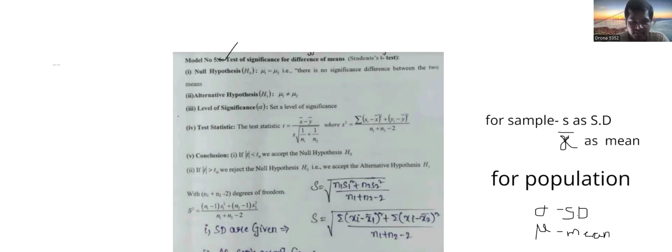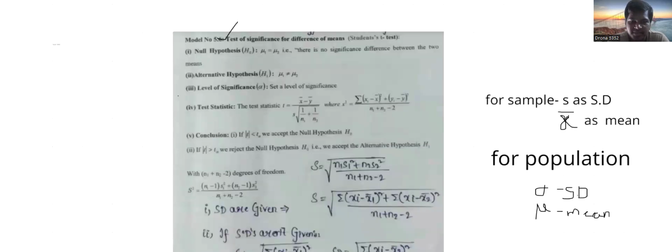Alpha is the level of significance. Test statistic: we may use t equals x bar minus y bar by s into square root of 1 by n1 plus 1 by n2, and s squared equals, this is the formula. Here the degrees of freedom is n1 plus n2 minus 2.